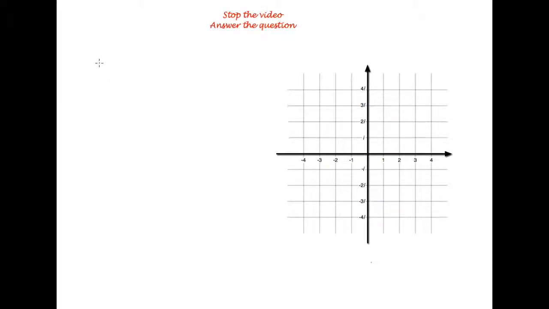So let's look at the following, and I want you to consider the complex number 1 minus 2i, call that z1, and the complex number negative 3 plus i, call that z2.